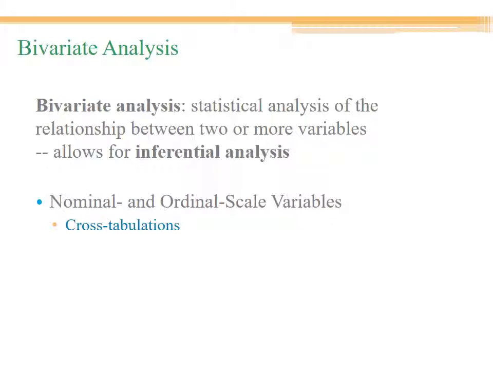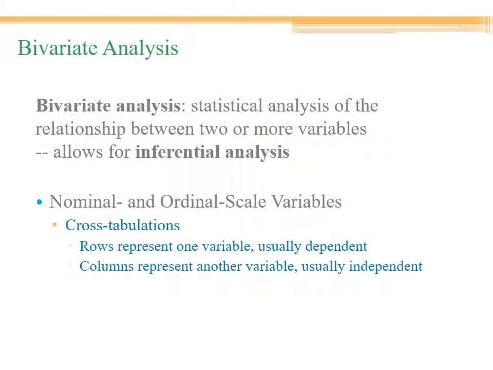So you present nominal and ordinal scale variables in tables called cross-tabulations. In cross-tabulations, rows represent one variable, usually the dependent variable, and columns represent another variable, usually the independent variable. So we'll be looking only at nominal and ordinal scale variables since ratio scale variables require statistical analysis software. So just ignore that one for now.